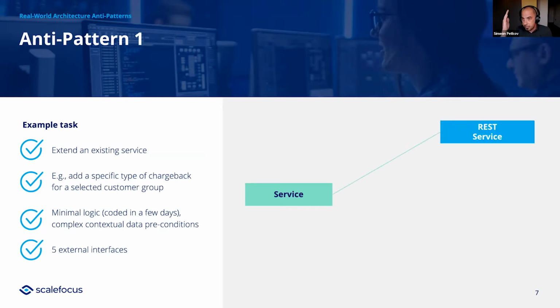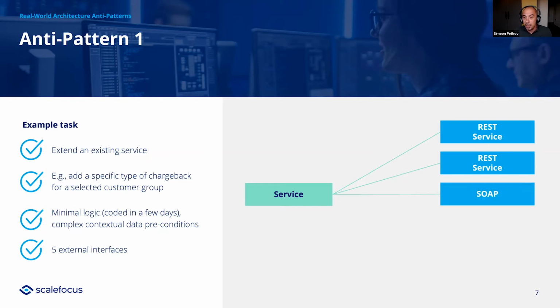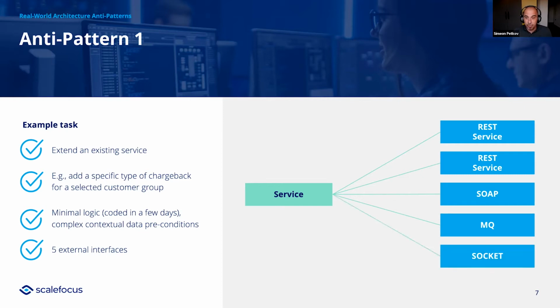One REST service gives your last transactions, another REST service, the type of customer that you are, a SOAP service, which is, let's say, from an older system, which, for example, can tell you what particular chargebacks you're already receiving, an MQ system where you need to send a message and receive a response in order to get some other meta information about your particular account, and a socket, for example, if the service needs to do some statistics on all the transactions that you have been doing throughout the years.